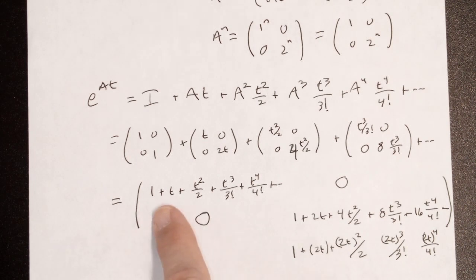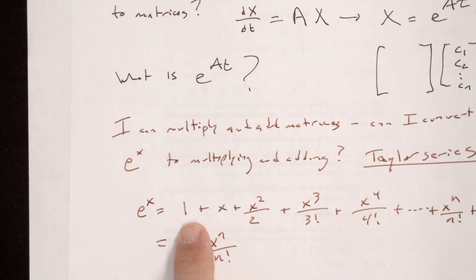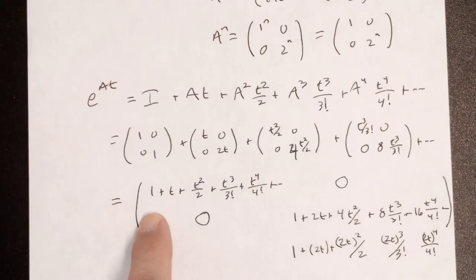But I know what this is. We wrote it down less than 10 minutes ago. That's e to the x, only it's now e to the t. So what's this?